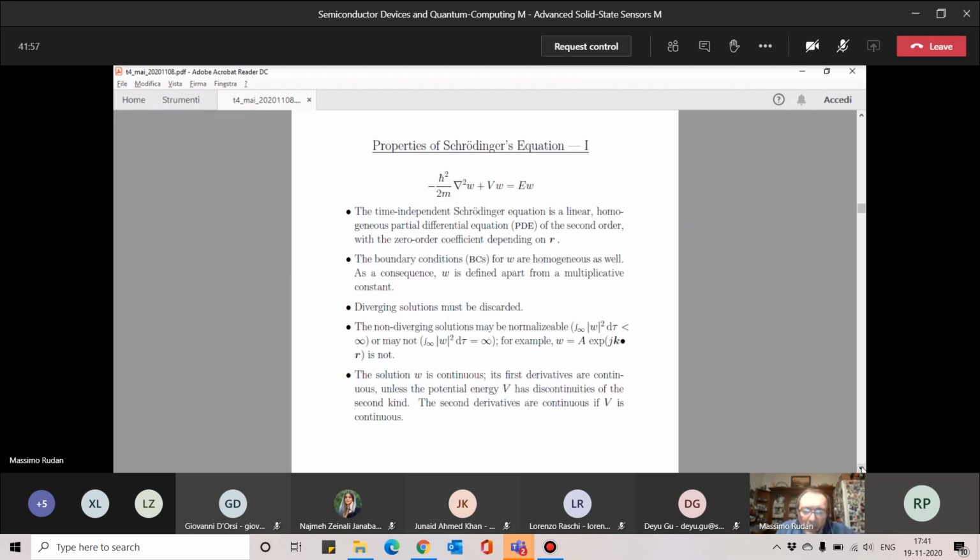And as we shall see in the examples, the boundary conditions of this equation are also homogeneous. So this equation is a homogeneous equation whose boundary conditions are also homogeneous. So this is sufficient to say that the solution of the equation is defined apart from a multiplicative constant.